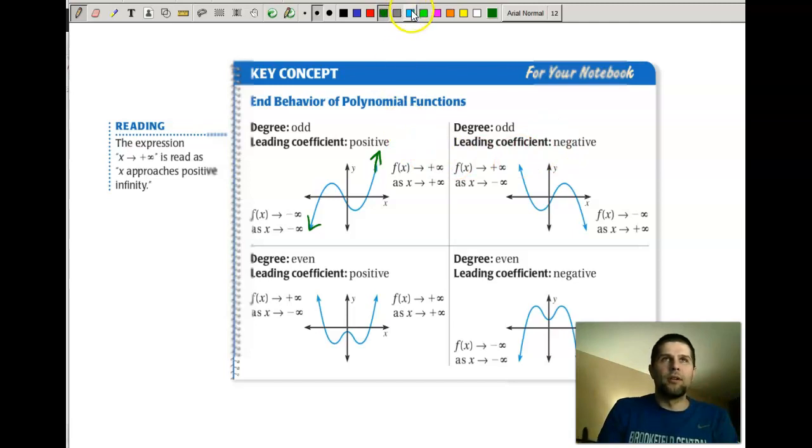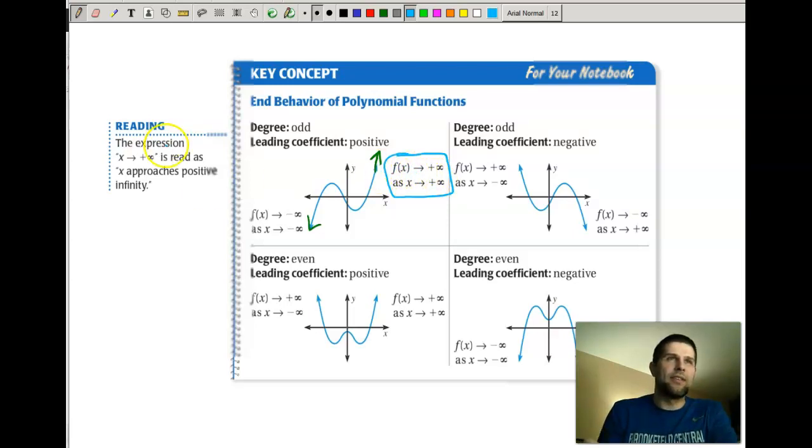Well, this is the formal or mathematical way to say the exact same thing. We're saying as f of x, okay, f of x, the graph is increasing or is getting closer to infinity as x is approaching infinity as well.